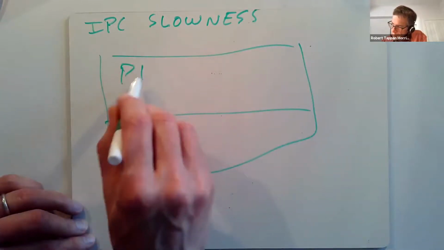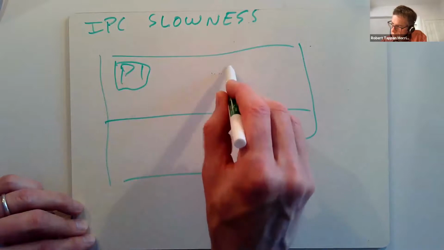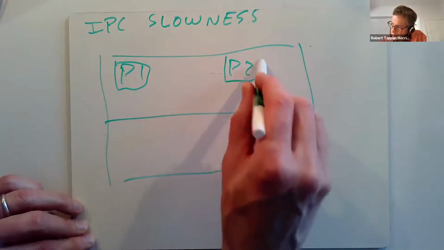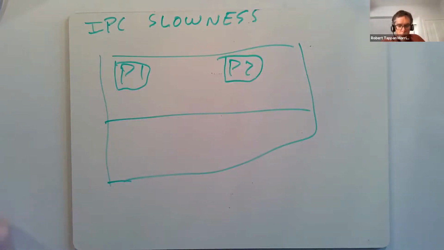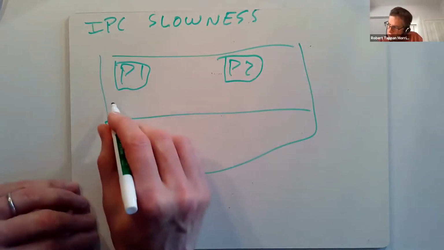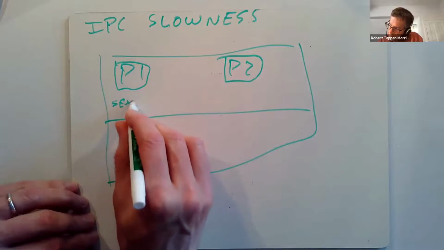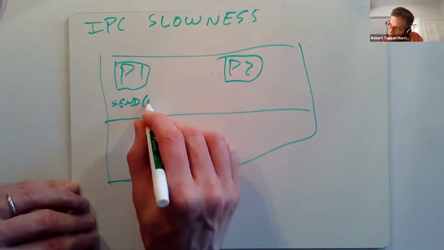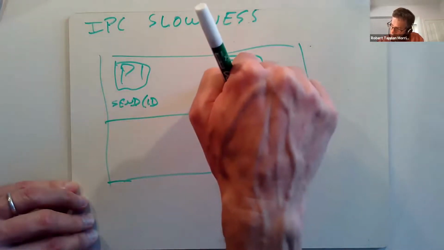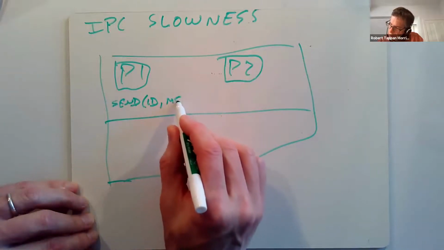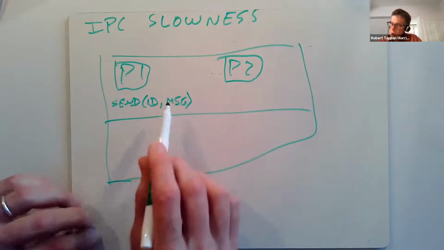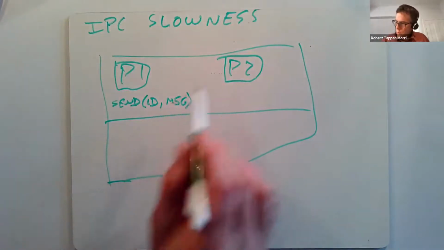We got P1. P1 wants to send a message to P2. So how should that actually work? Well, one possibility is to have a send system call, and you give the send system call the ID of the thread you want to send the message to, and a pointer to the bytes you actually want to send to that process.